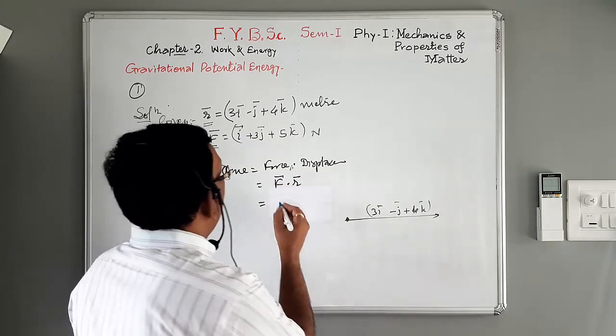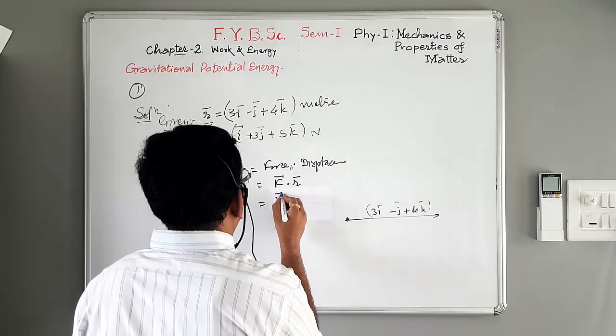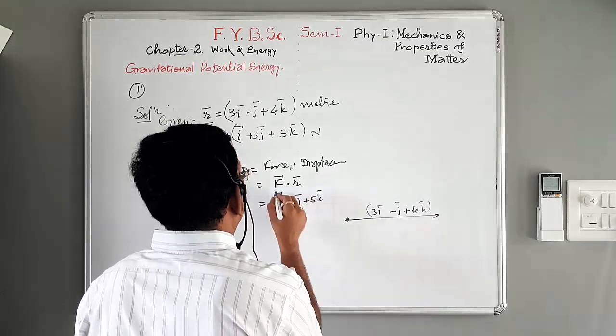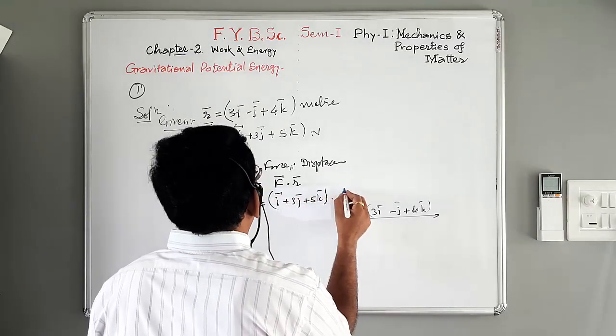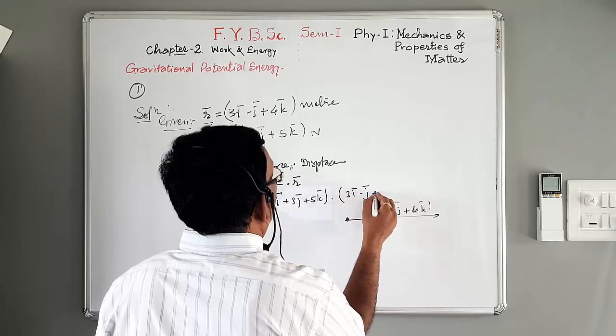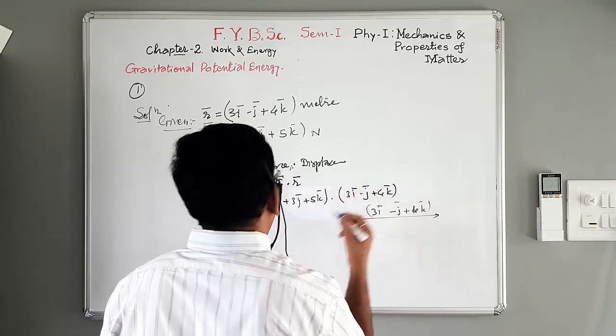So what is the value of F? i plus 3j plus 5k dot 3i minus j plus 4k.